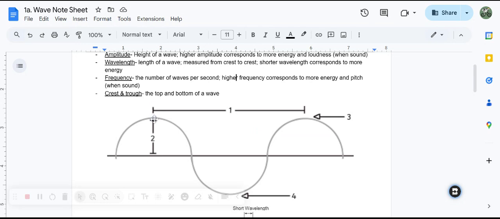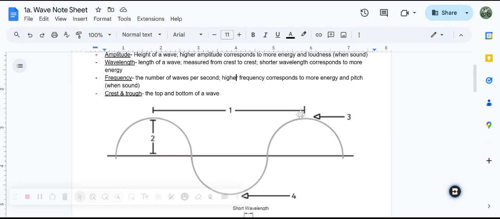A shorter wavelength corresponds to more energy, because if we shorten this number 1 and the waves are coming more frequently, as the wavelength goes down, the frequency goes up. If the distance between one crest and another crest is shorter, that means the waves happen more frequently. So shorter wavelengths cause more frequency, both of which cause more energy.